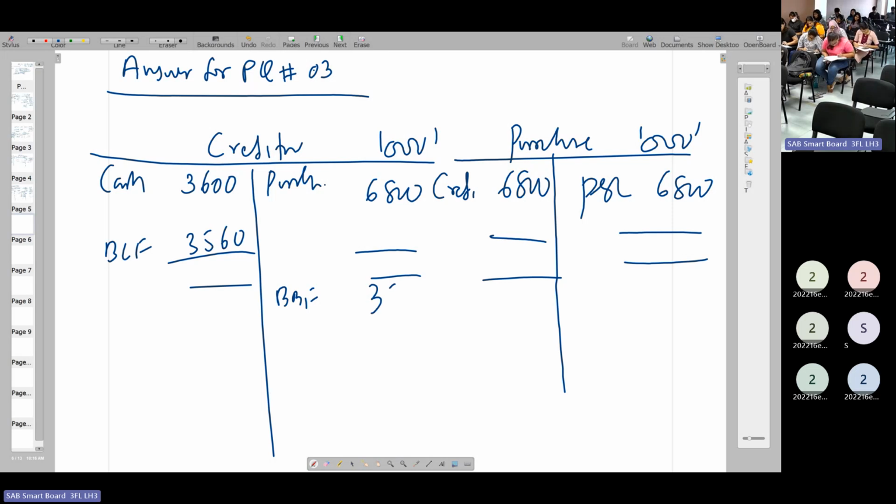Because the remaining euro value is 20,000, which should be settled, that 20,000 should be translated using closing rates.